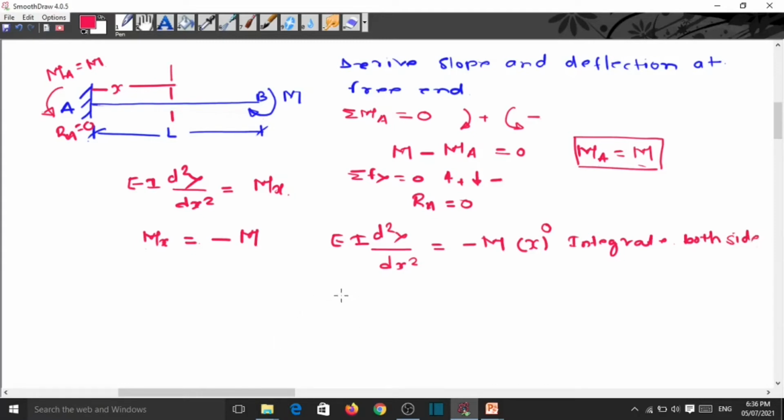So this becomes EI dy by dx is equal to minus M into x. So this is called the slope equation. Then again integrate. Here add first the constant of integration C1. Then again integrate.